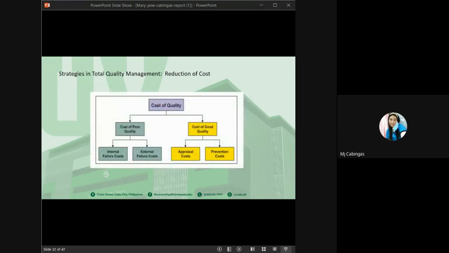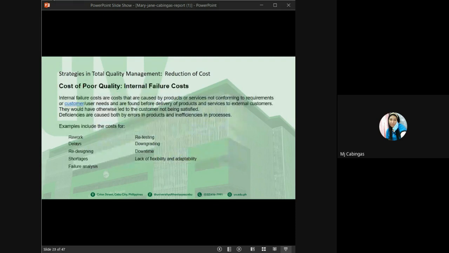So, nara siya ang diagram. Dayon, cost of poor quality, internal failure cost. So, internal failure costs are costs that are caused by products or services not conforming to requirements or customers' user needs and are found before delivery of products and services to external customers.